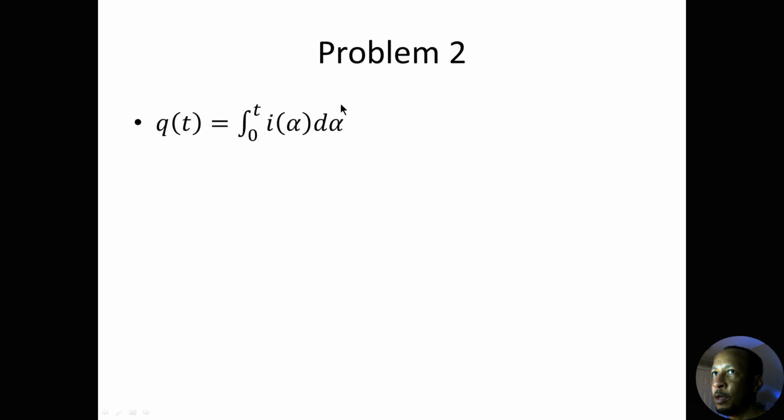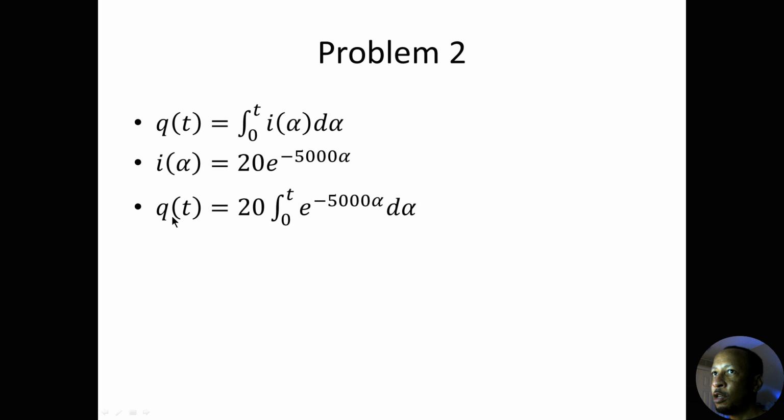So first I'm going to use the fact that q(t) equals my integral between the limits of 0 and t of i(alpha) d alpha. And i(alpha) in this problem is 20 times e to the negative 5,000 alpha. Then q(t) equals 20 times our integral of e to the negative 5,000 alpha d alpha.